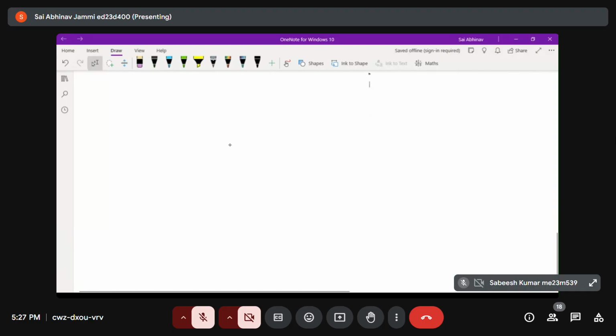As you saw in the control block diagram, we have delta as input, then we have the feedback, then we have our controller that we design.